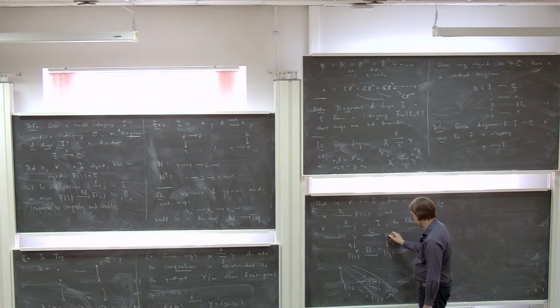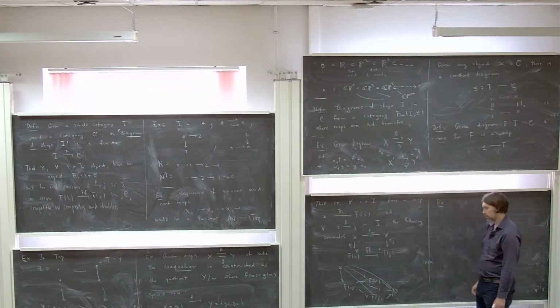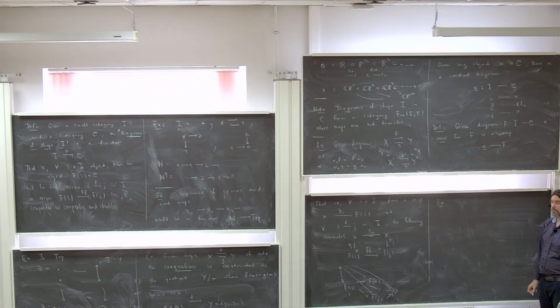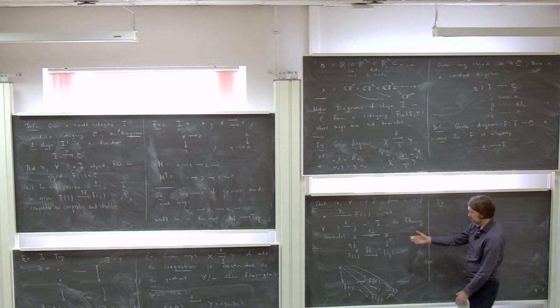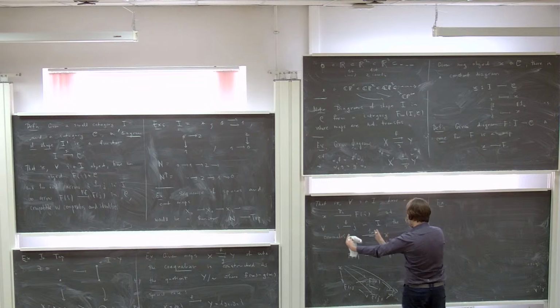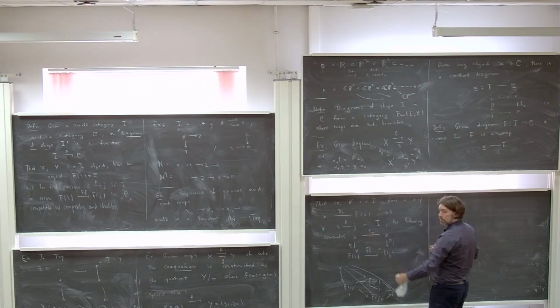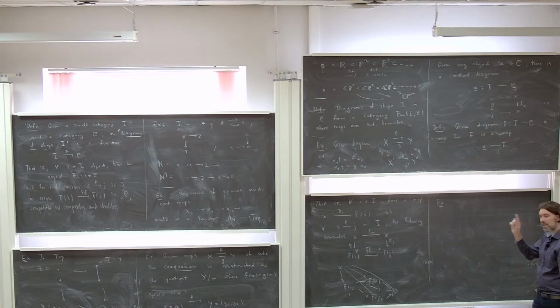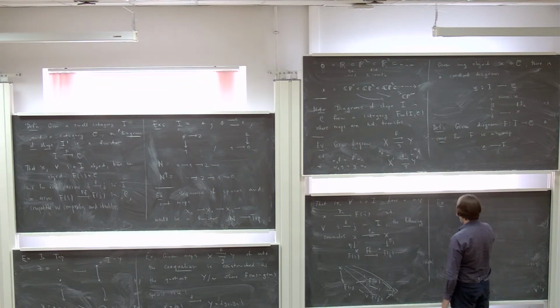But here, I thought that we could rotate the diagram clockwise, but then the arrows would be from right to left, and there they are from left to right. It doesn't change anything. I'm not sure what you mean by rotate, but I could draw it like this, where X is on this side mapping to the values of F. This is what it is. Let me give an example. This will illustrate it. Okay?